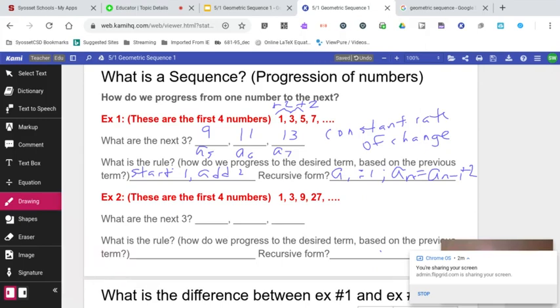The next sequence, I also start with 1, but here clearly we're not adding to get to the next term, we're multiplying. And we're multiplying by 3. So this is not constant, and it does not behave like a linear function.